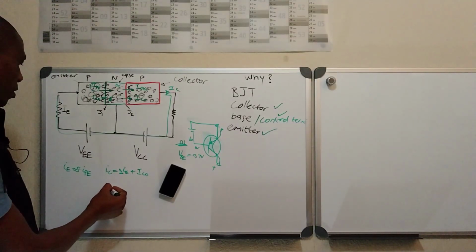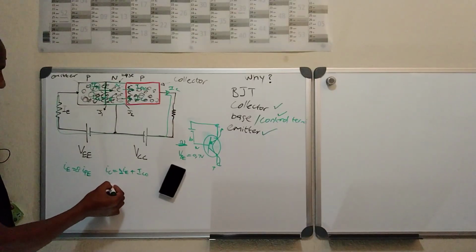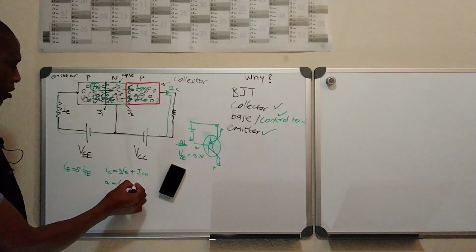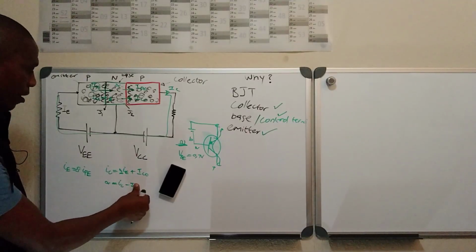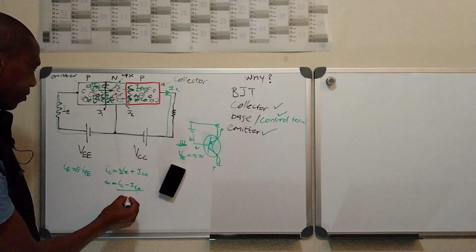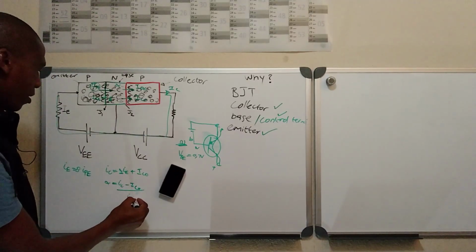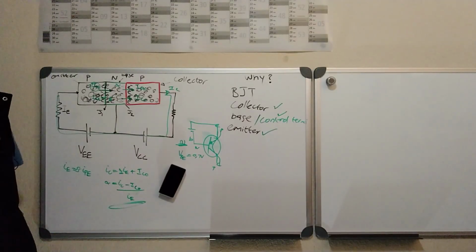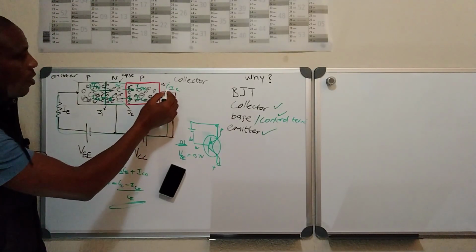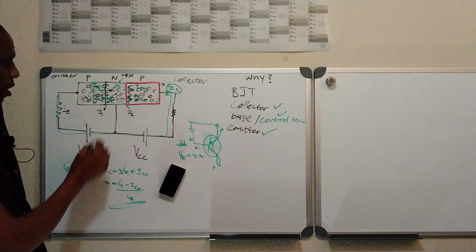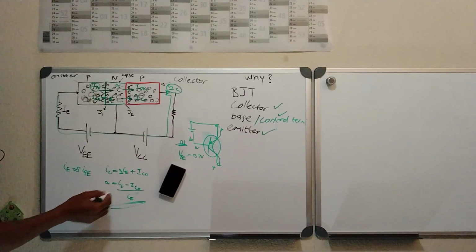If we transpose this one, we make alpha the subject of the formula. Alpha is equal to IC minus ICO, which is the leakage current, all over IE. That is alpha. It forms this current here, which is the collector current. You see it here, mostly.